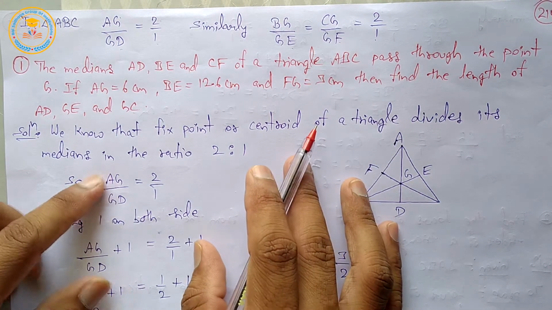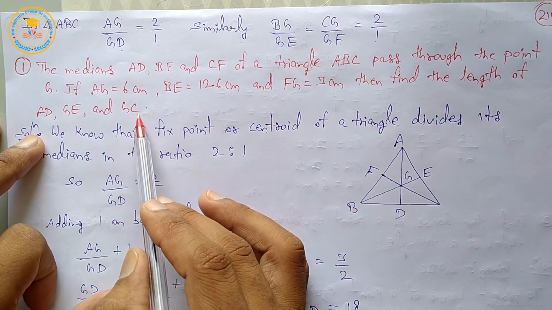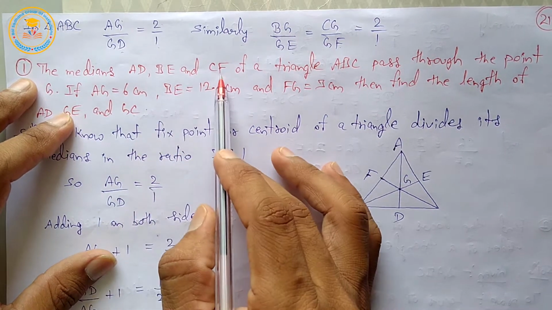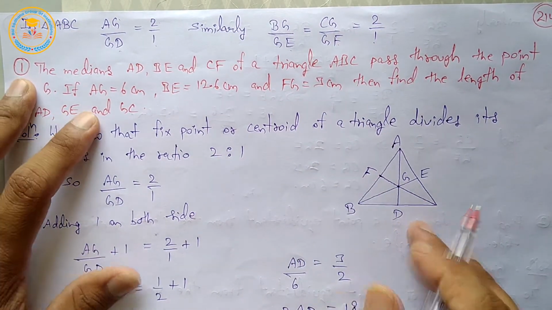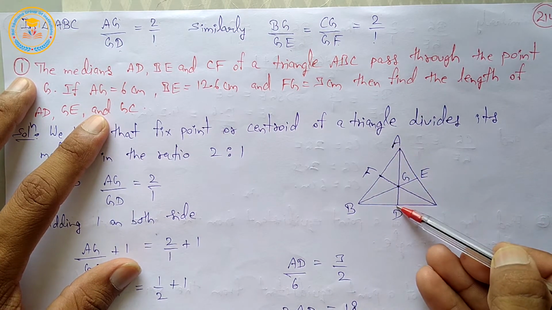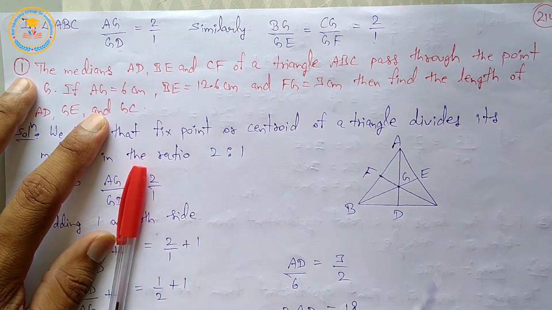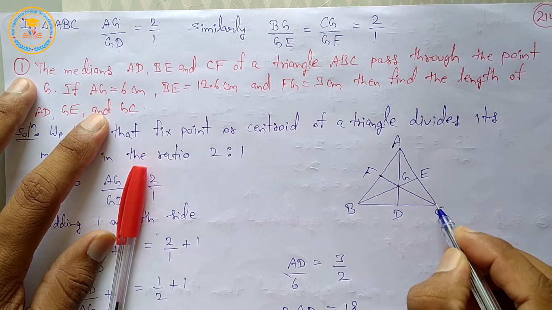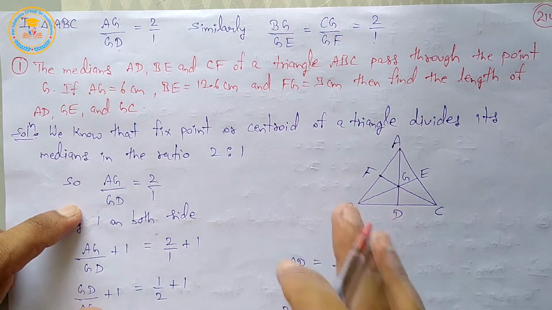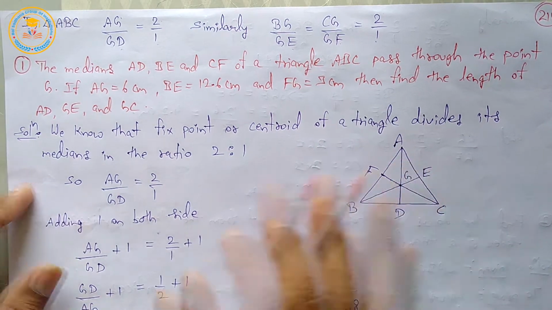Now, the intersecting point is G. So, we know that the centroid of a triangle divides its median in the ratio 2:1. Therefore, AG upon GD, BG upon GE, CG upon GF is 2:1.